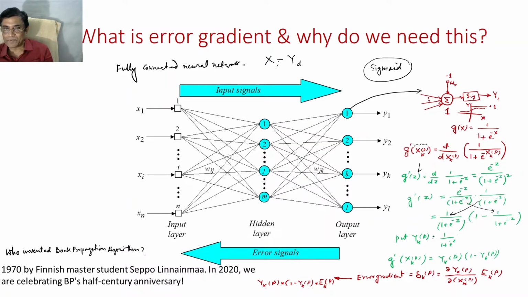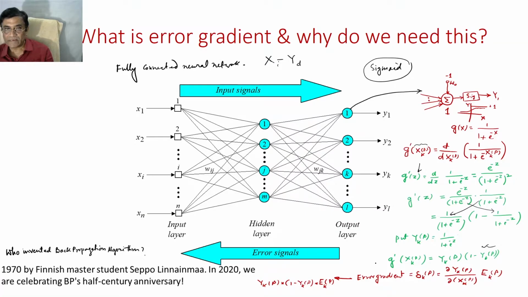Now if I put y_k(p), the input at a particular epoch p for this neuron k, which is incidentally the output of the previous neurons, that's why we write y also, though for this neuron these are the inputs. I put this instead of 1 by 1 plus e to the power minus x. Differentiating this function will yield y_k(p) times (1 minus y_k(p)). You have already seen this in logistic regression, so it's a repetition.